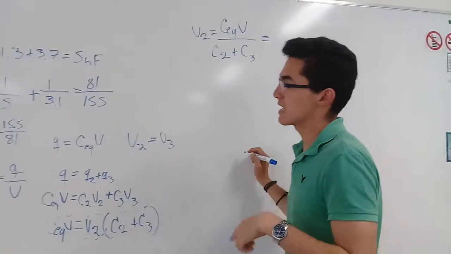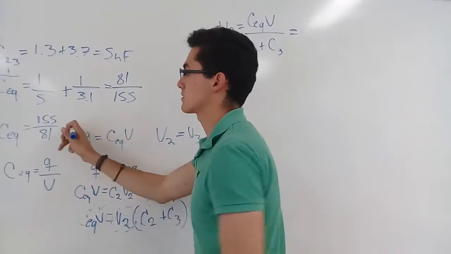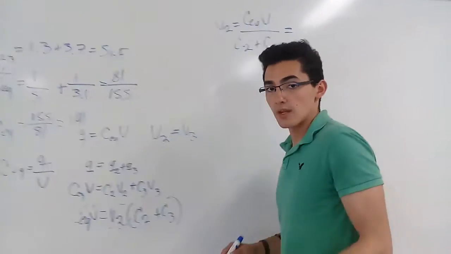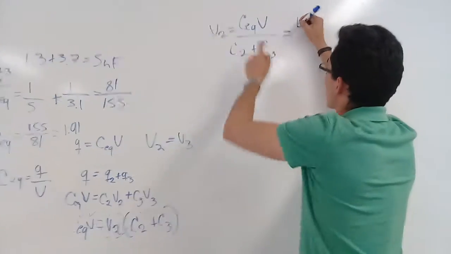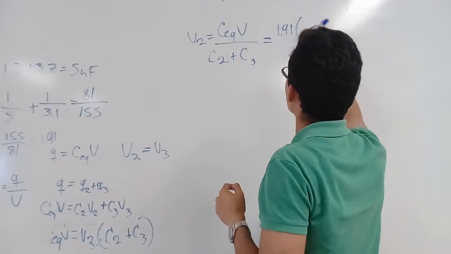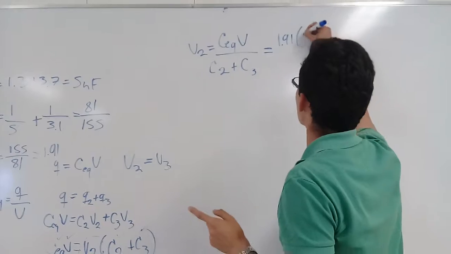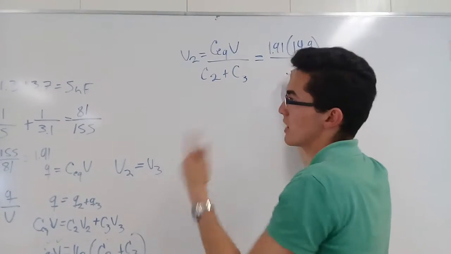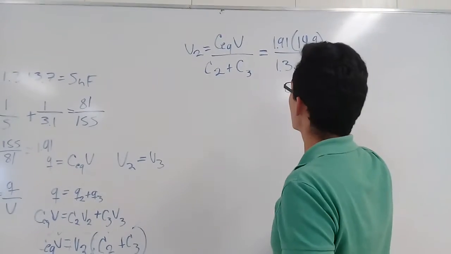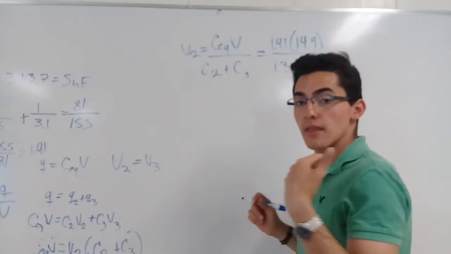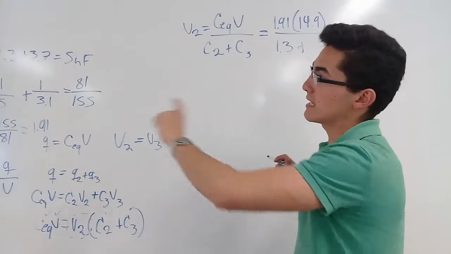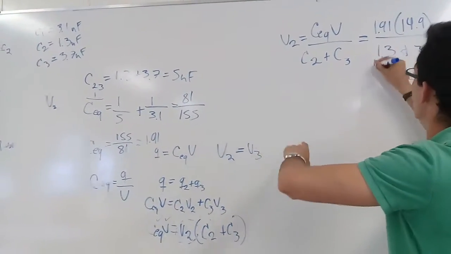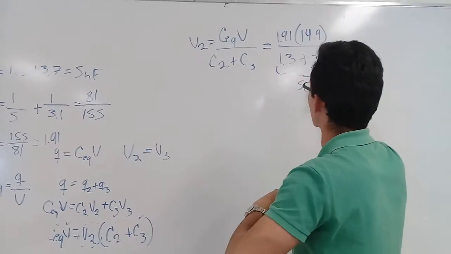And once we have this, we only have to substitute our values, and we know that our capacitor in equilibrium is equal to 1.91. So here we will have 1.91 times our voltage, which is 14.9, over our capacitor 2, that is 1.3 nanofarads, plus our capacitor 3, that is 3.7, and we know that this is 5 nanofarads.